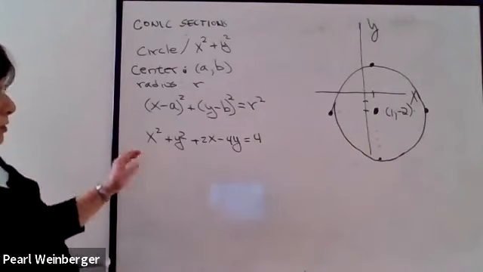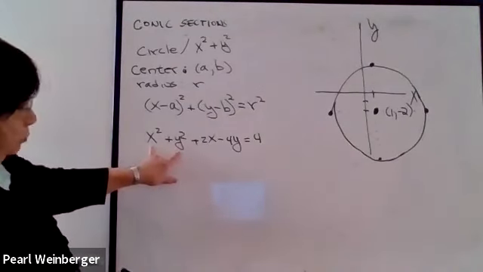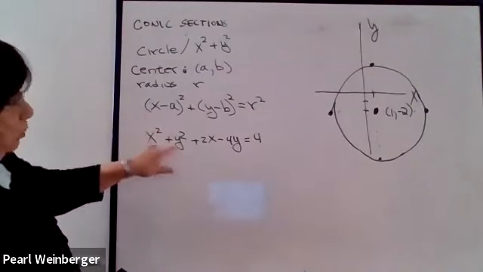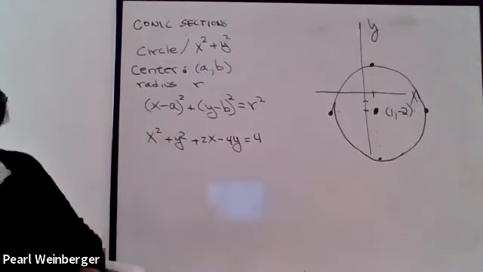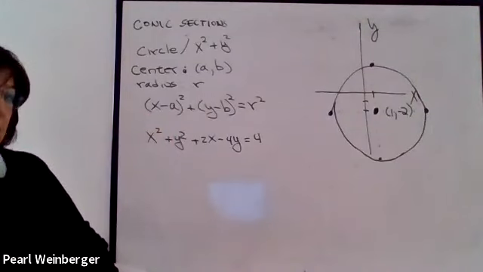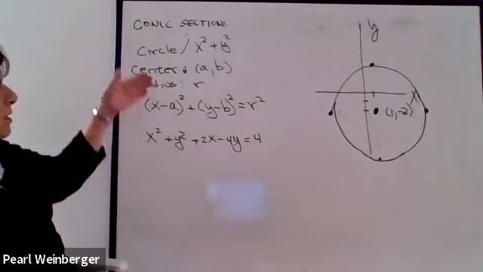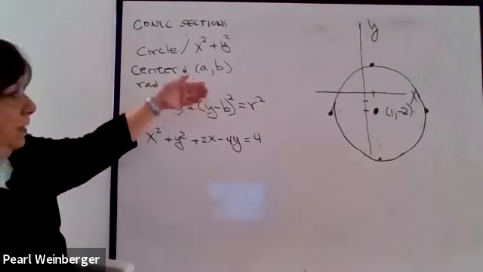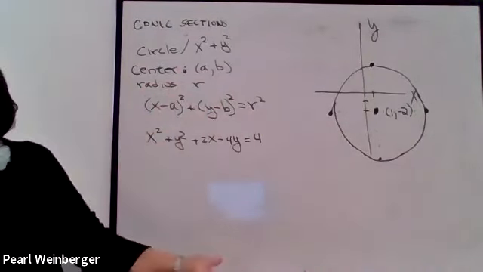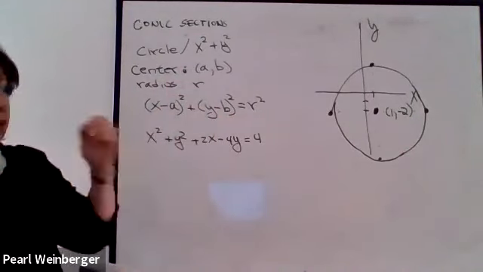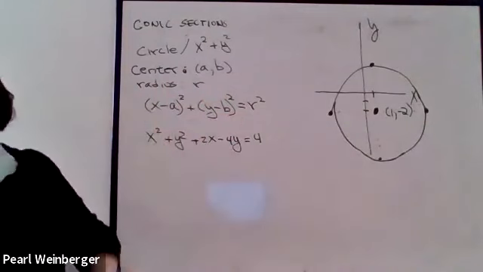You would know this is a circle because you have this x squared and y squared term. A 1x squared and a 1y squared, that always indicates that what you have is a circle. But it's not in the standard format of x minus a squared and y minus b squared equals r squared. I can't tell you what the center and radius of the circle is because it's not in the right format.